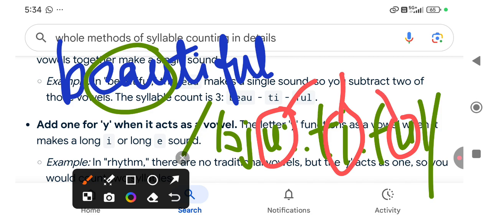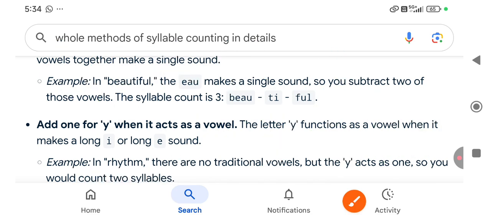How many vowel sounds are there? Three. So please take care. Beautiful.